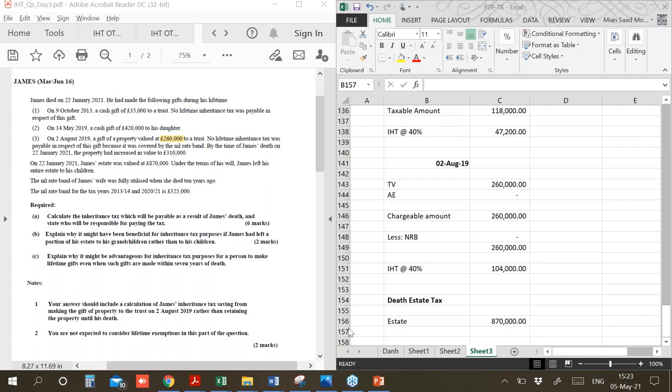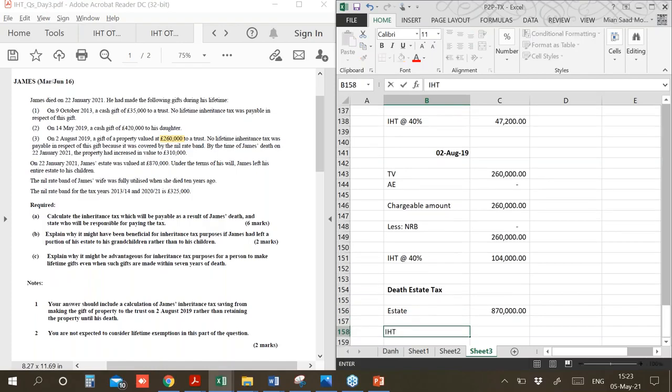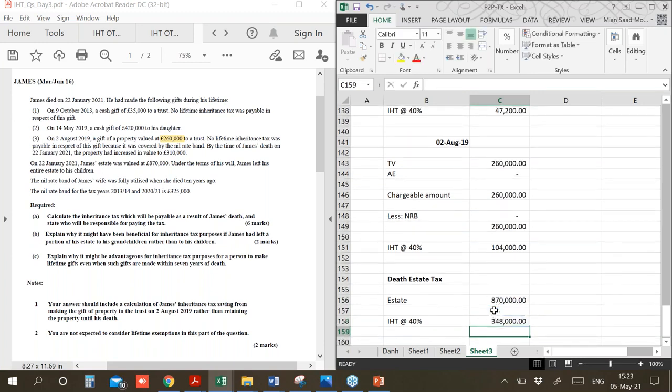No. So no NRB left. So IHT will be straight away at 40% for the death estate as well. So this times 40%, 348,000 will be the IHT on death estate.